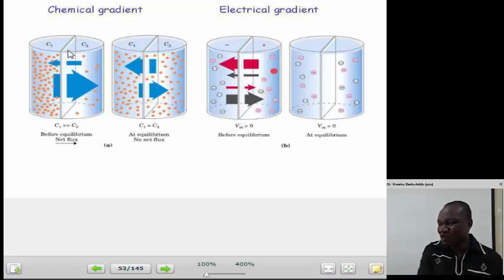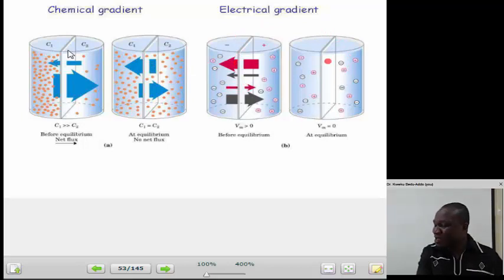Now, this part of the membrane is negatively charged. This part of the membrane is positively charged. So we realize that positively charged ions are attracted to the negatively charged region. And the negatively charged particles are attracted to the positively charged region till equilibrium is established.